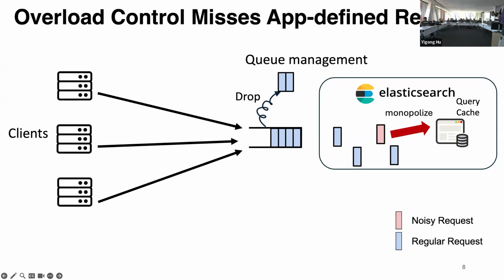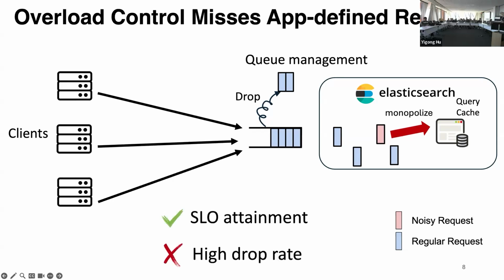From the operating system, it's just a heap value. We don't know exactly what's happening inside. So even if these mechanisms can protect the SLO, they cause a high drop rate. You have to drop a lot of queries to make sure the system does not overload, because it cannot differentiate normal requests from problematic requests.